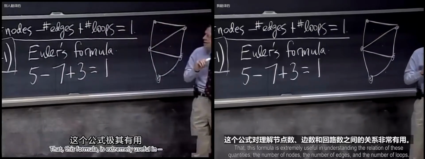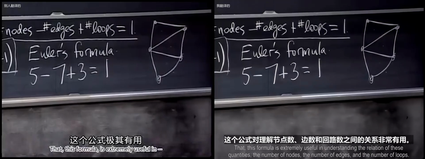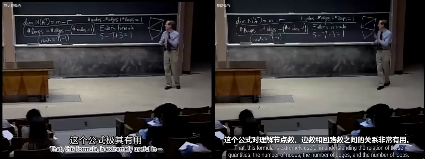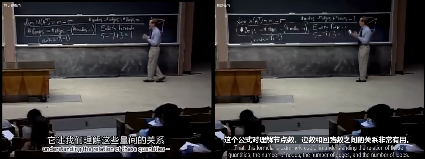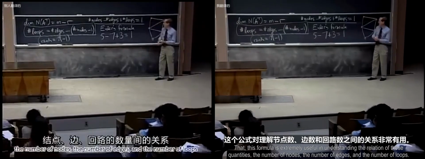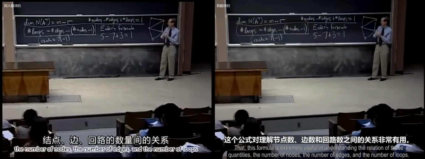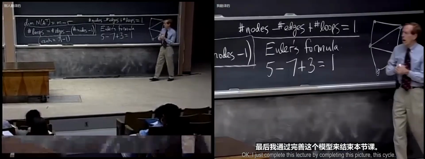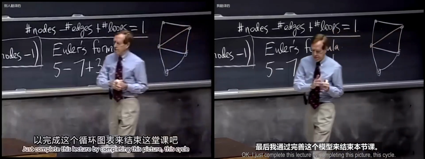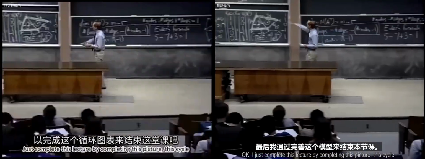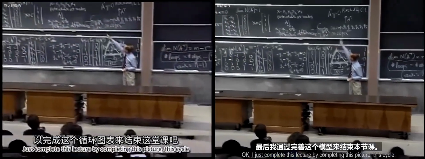This formula is extremely useful in understanding the relation of these quantities, the number of nodes, the number of edges, and the number of loops. Okay, just to complete this lecture by completing this picture, this cycle.